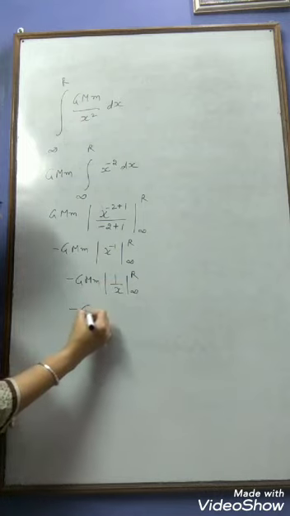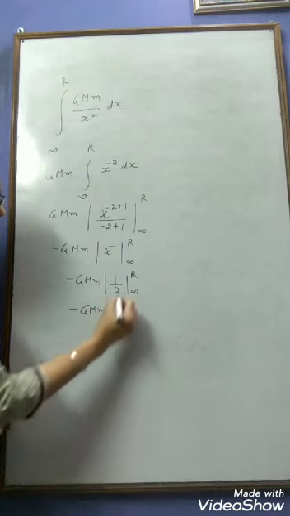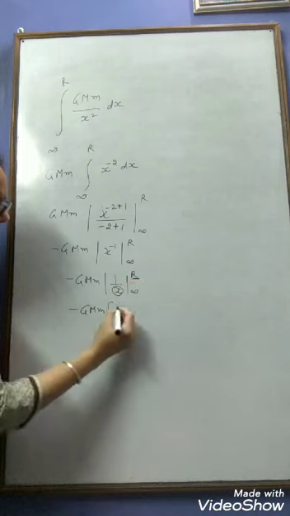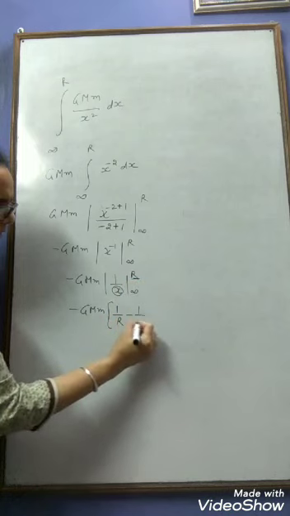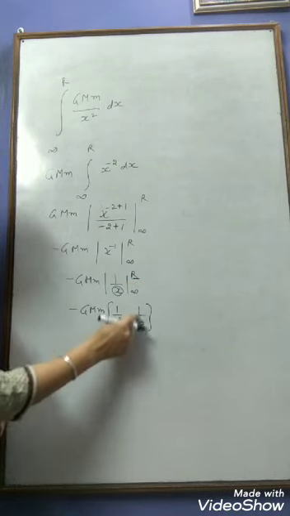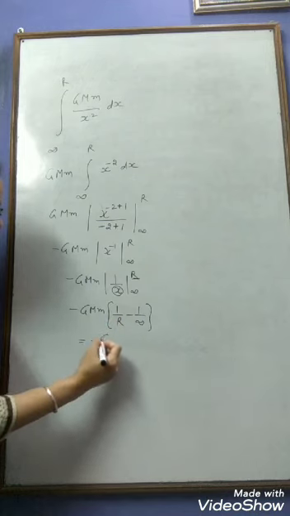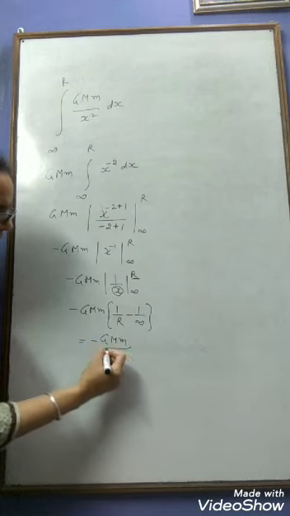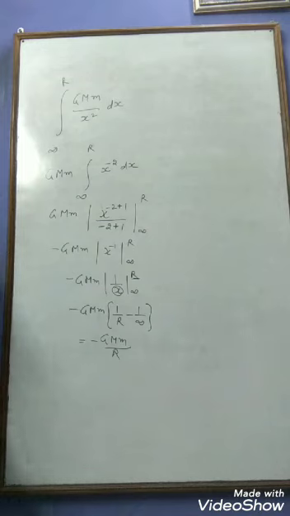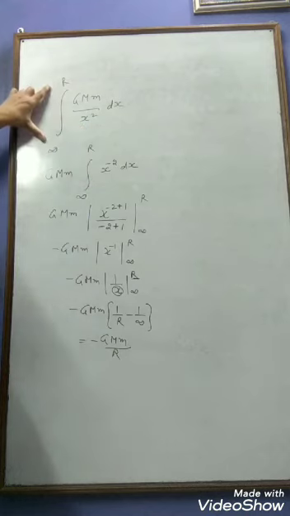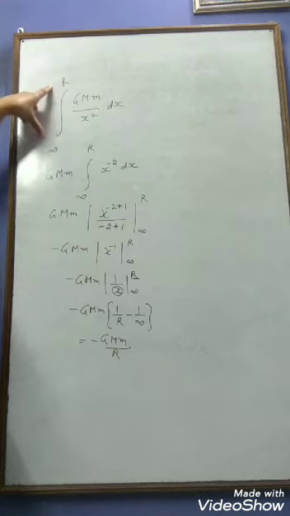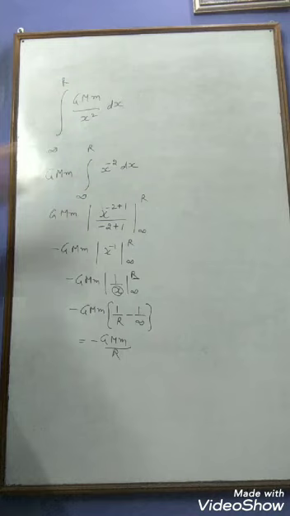Then we write upper limit minus lower limit, and 1 by infinity is 0. So what we got is GMm upon r, with the minus sign. So this is the integration for this term within the limit of infinity to r. Okay, thank you.